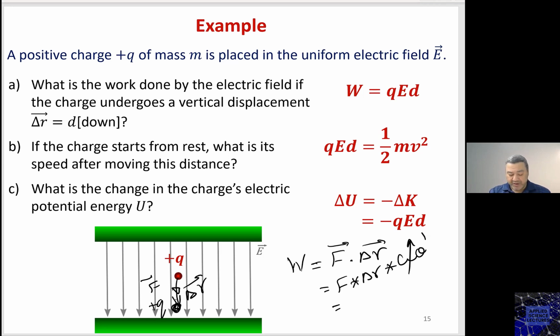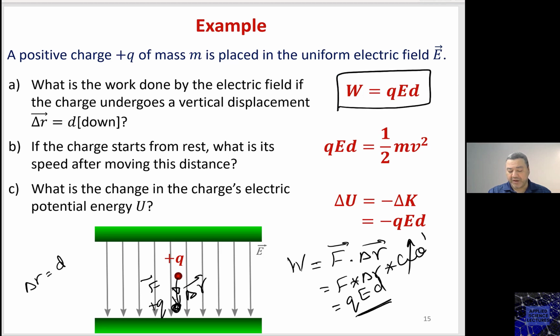So if delta r is d, and I have F as qE, then the work done would be qEd. So the work done by the electric field on this charge is qEd.